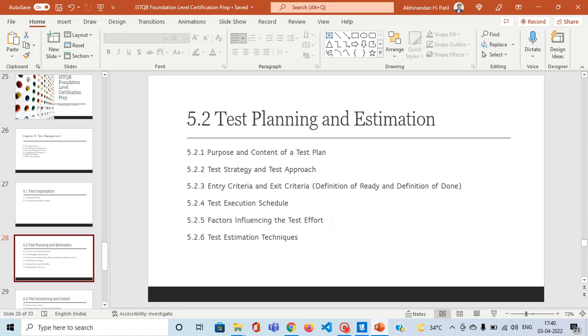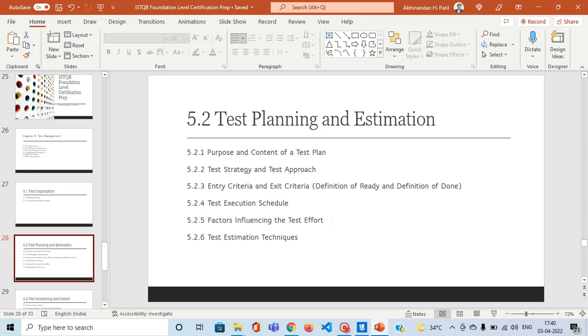So we'll discuss now factors that could influence the test effort. Risk associated with the product: if the risk is more with a certain module, then we need to develop more test cases for that risk prone area. So the higher the risk, generally the more the effort.